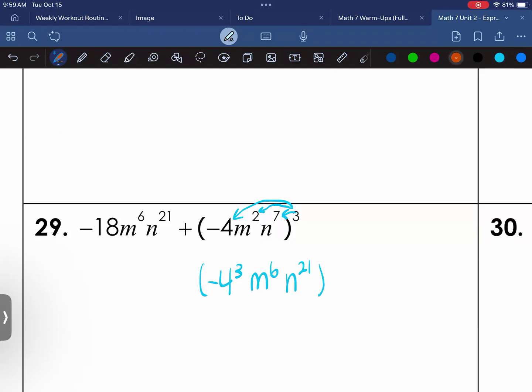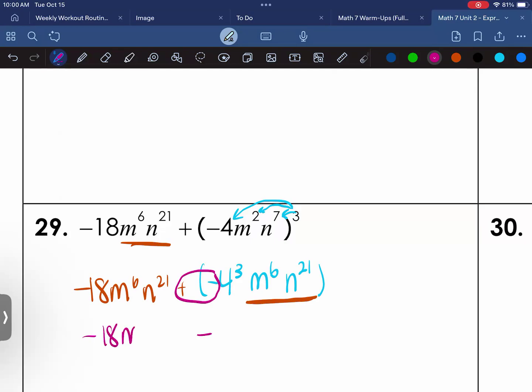All right, as you can see, this and this match. So those are like terms, which means we can go ahead and combine these, right? So when we have a plus minus next to each other, it gets replaced with a minus. Actually, let's just do that next step.